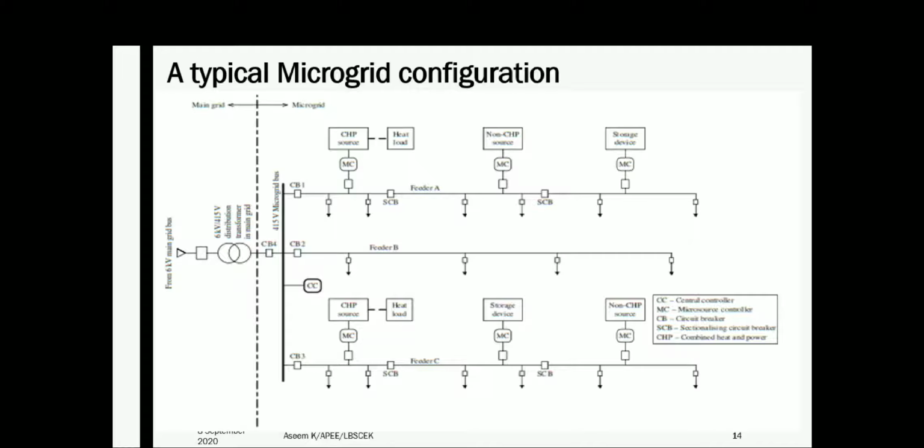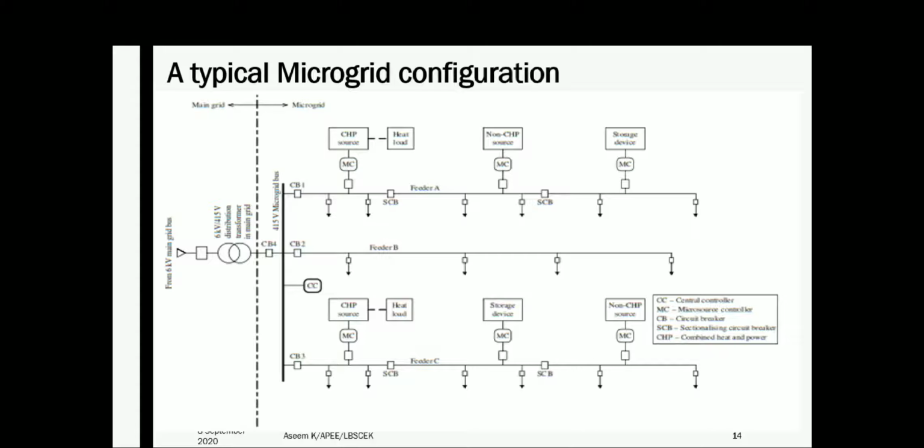Some loads on feeders A and C are assumed to be priority loads. The priority loads are the loads requiring an uninterruptible power supply, while other loads are non-priority loads. Feeder B, however, contains only non-priority electrical loads.